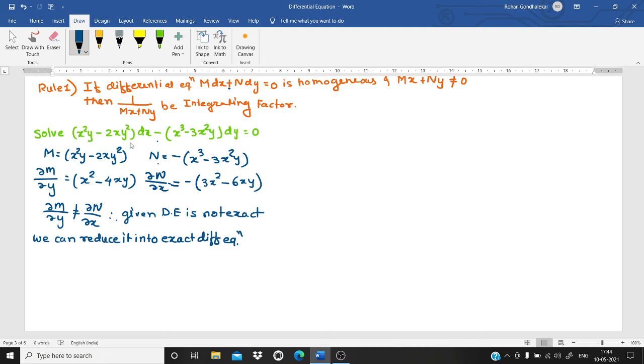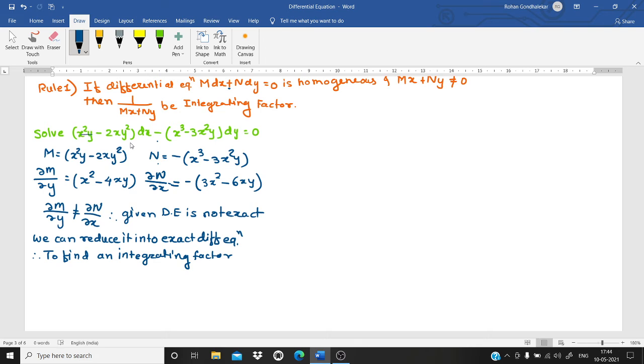By finding an integrating factor. Now, how do you calculate the integrating factor? For that, the first rule which we studied is M dx plus N dy is homogeneous and Mx plus Ny is not equal to 0.